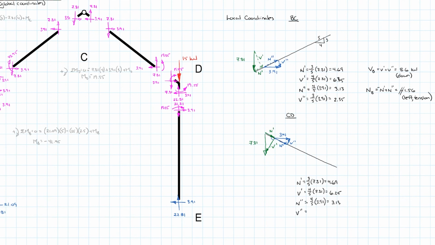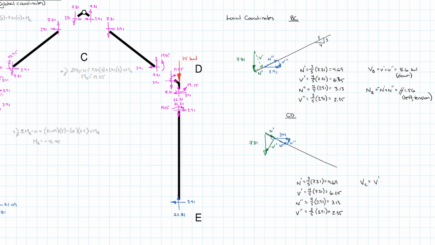And V double prime is 3/5 of 3.91, and that's equal to 2.35.